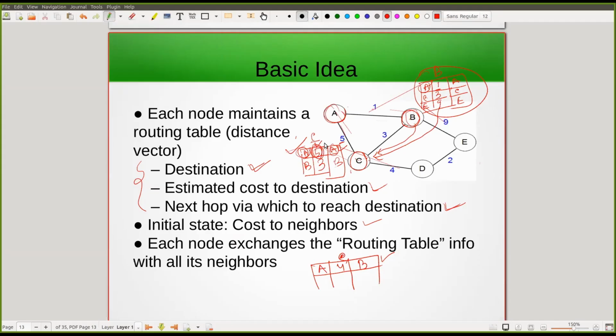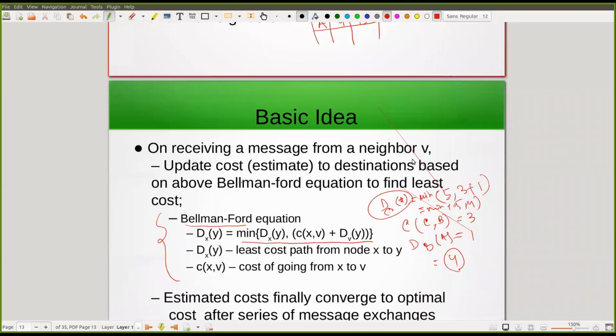After every node has its own initial distance vector information, they exchange their distance vectors with each other. Everybody exchanges this distance vector information with its neighbors. Whenever a neighbor gets this information, based on the Bellman-Ford equation, it updates the distance vector or routing table at its own end.